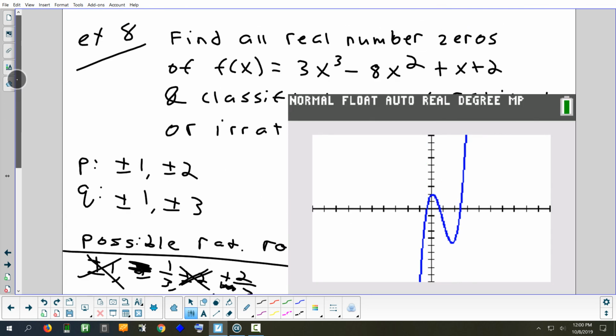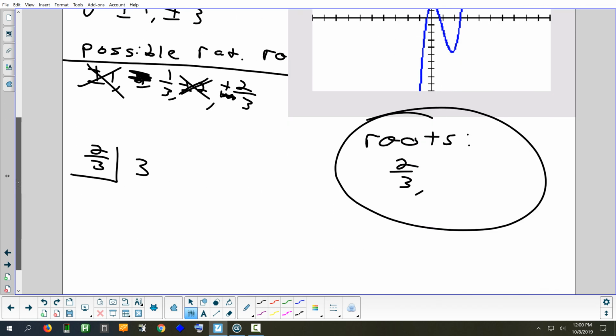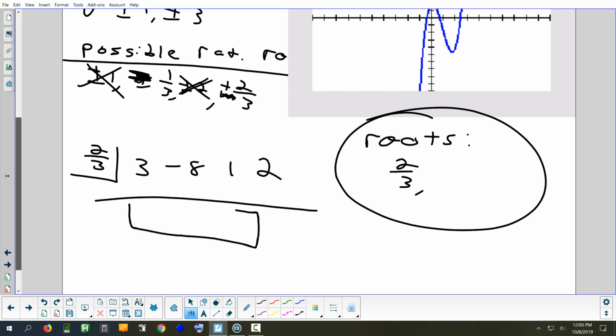All right, so we got 3, -8, 1, 2. I'm not really interested in the remainder. I already know what the remainder is going to be. What is it? 0. I'm interested in what I get right here, and I want to use the quadratic formula on that. That's my other factor. So I'm using division to get the other factor. So we got 3.